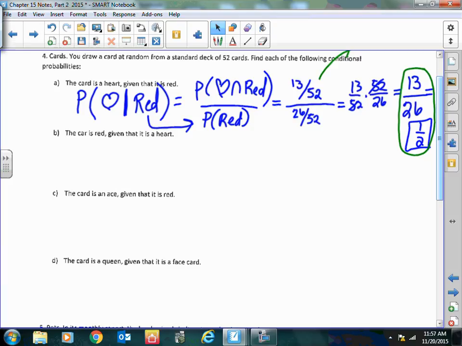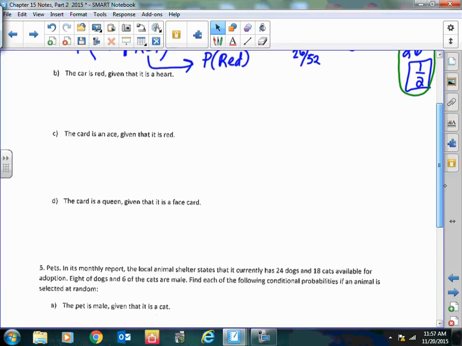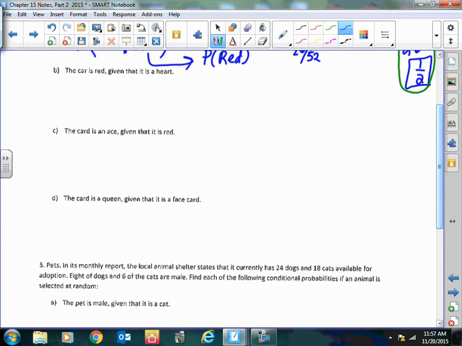Next, let's start thinking of these in a simple way now, not with all these bunches of fractions. So here we go. Probability that the card, not the car, is red, given that it is a heart. Now, you know this instinctively. What's the probability it's red, given that it's a heart? 100% chance.